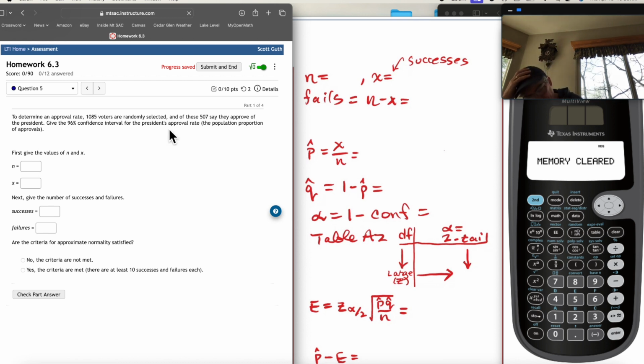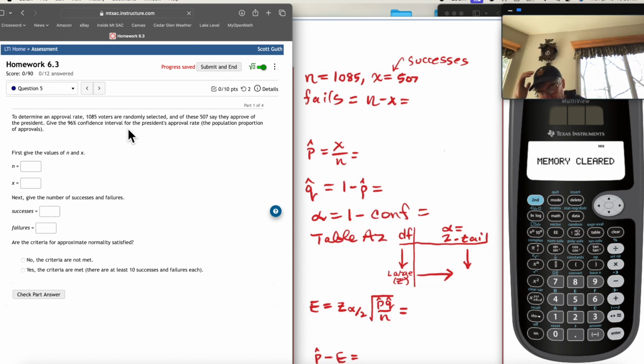I'll put down here. And of these, 507 say they approve of the president. Those are your successes. Okay. Give a 96% confidence interval.